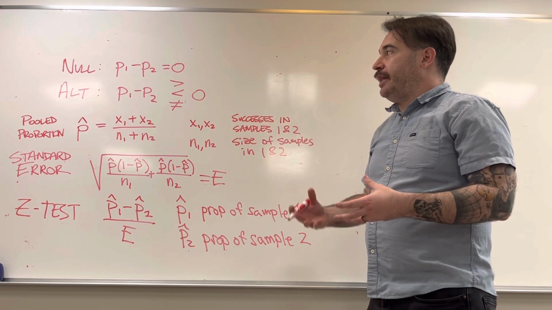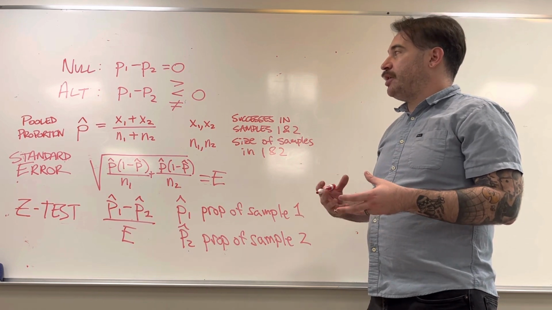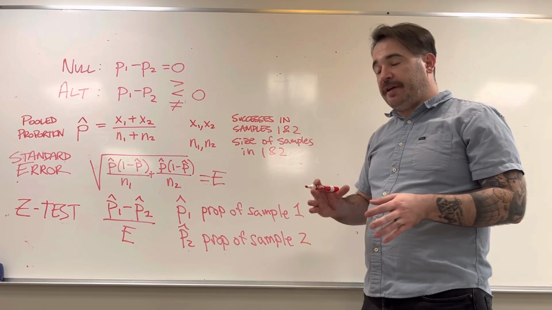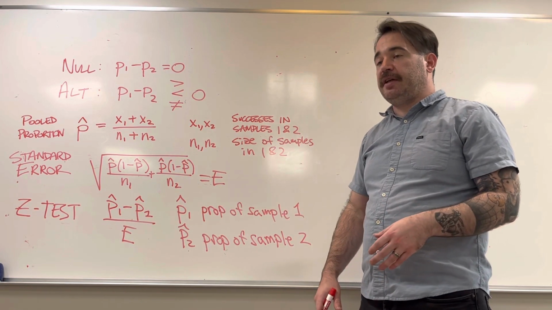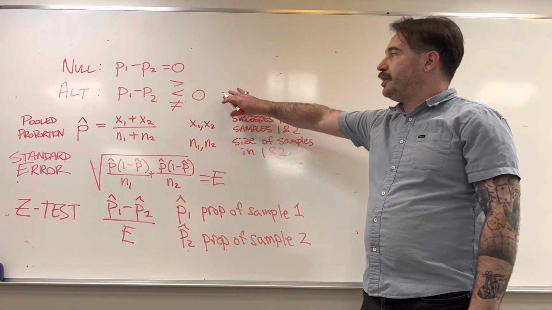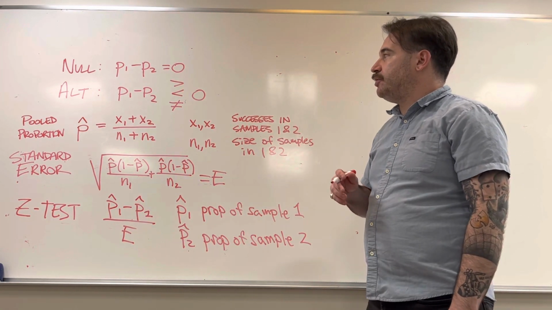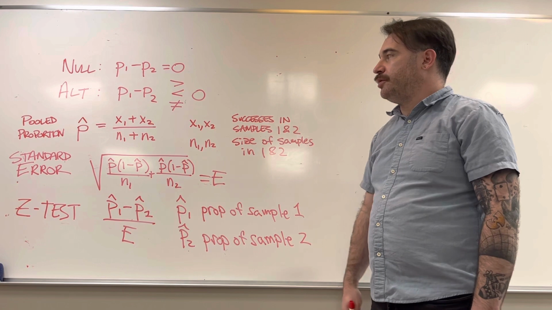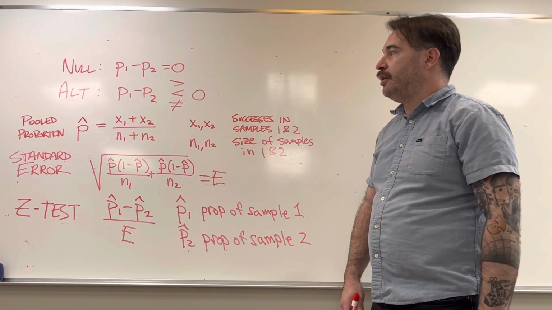So if they're not the same, then we have to accept our alternative hypothesis, that is, if it's statistically significantly not the same. And our alternative hypothesis takes on the form of P1 minus P2 is greater than, less than, or not equal to 0, depending on our situation.